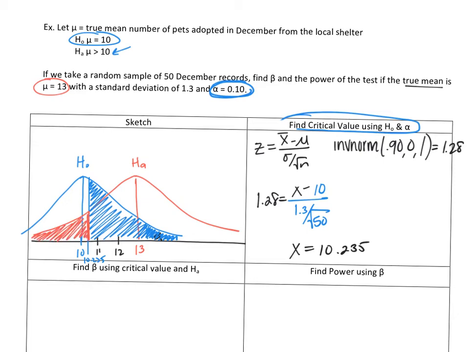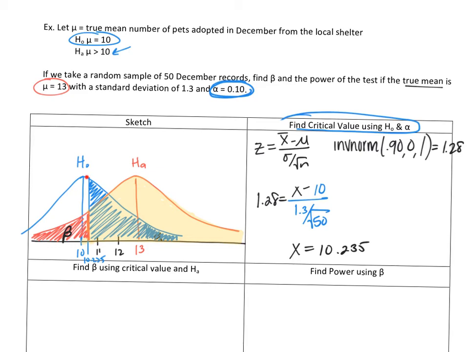Beta's on the opposite side of alpha, so there's beta. Okay, and here's the power of the test on the alternate curve.